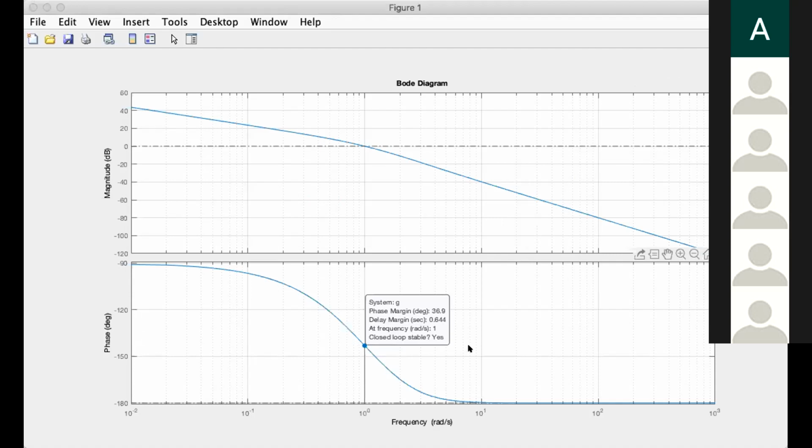36.9 degrees positive. This phase margin occurred at this point when the magnitude crossed 0 decibel. When the magnitude crossed the 0 decibel, the frequency is 1 radian per second.